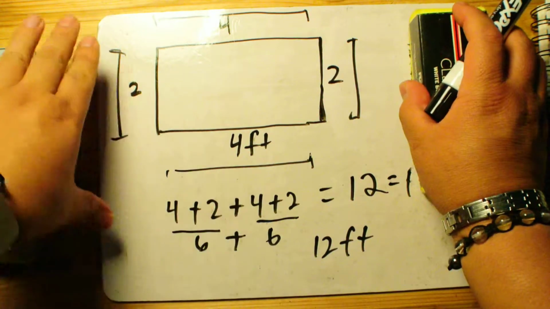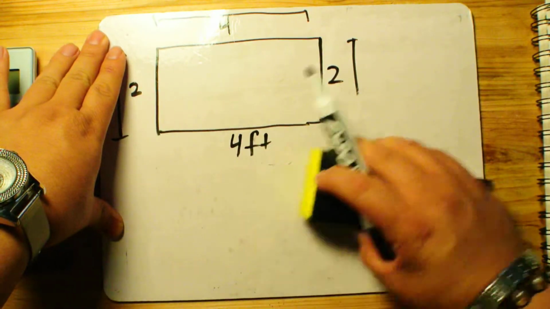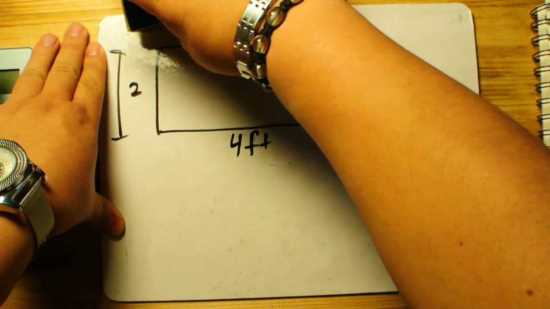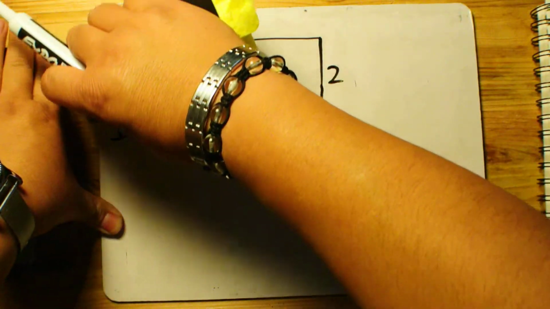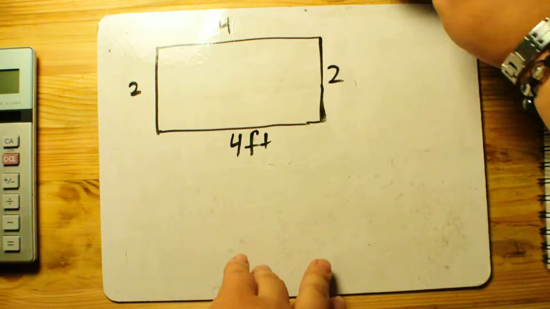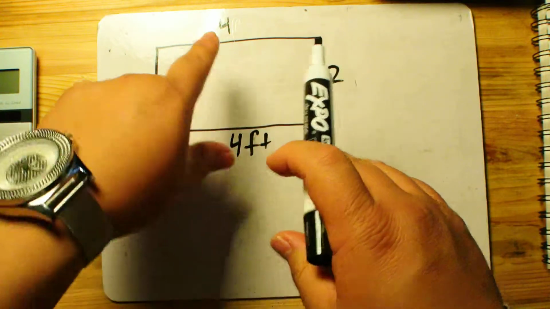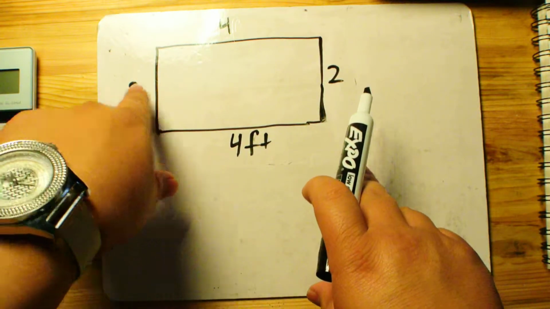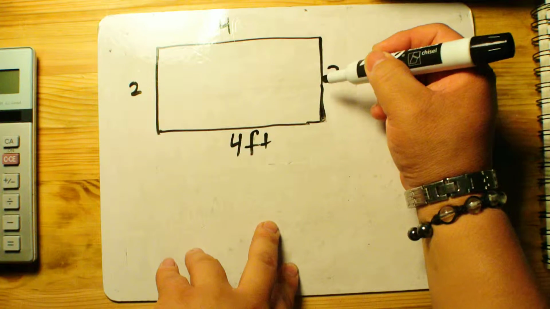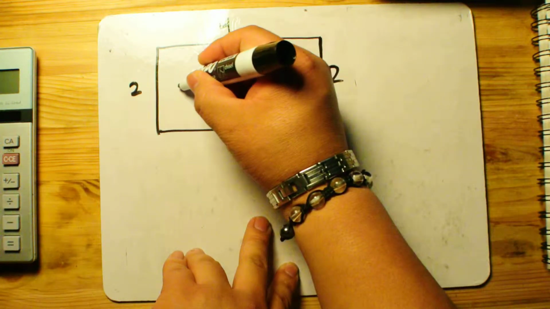Alright, so let's move on to area. Let's say for the same shape we have to take the area. So we have 4 and 4 and 2 and 2. The area is actually, let's draw it out.